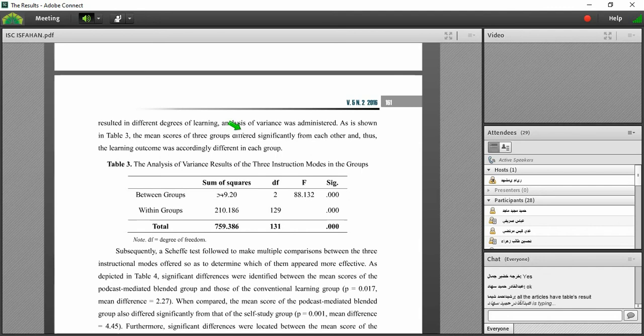Shima, well, I told you about this. It depends on the type of your article. If it is descriptive, if it is experimental, articles mainly have some tables, some results to report, okay?